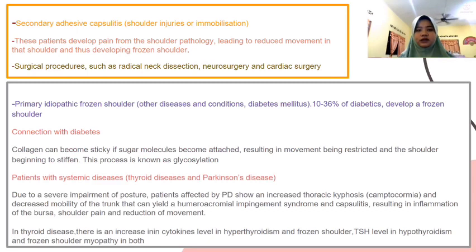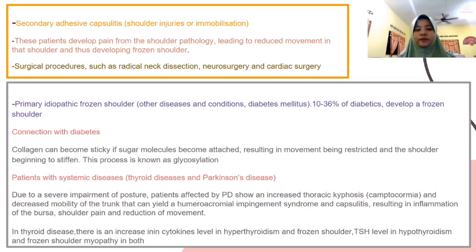The etiology of adhesive capsulitis is still unknown, but it is associated with many problems, and it is divided into primary or secondary. Primary idiopathic frozen shoulder is associated with other diseases and conditions such as diabetes mellitus, which accounts for 10 to 36% of diabetics, who are approximately 2 to 4 times more likely to develop frozen shoulder than the general population.